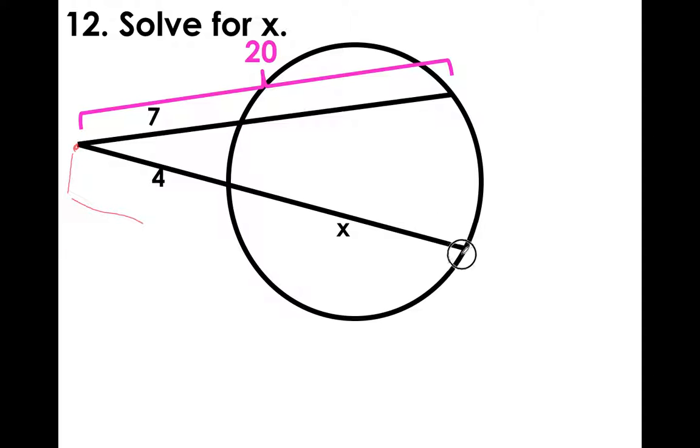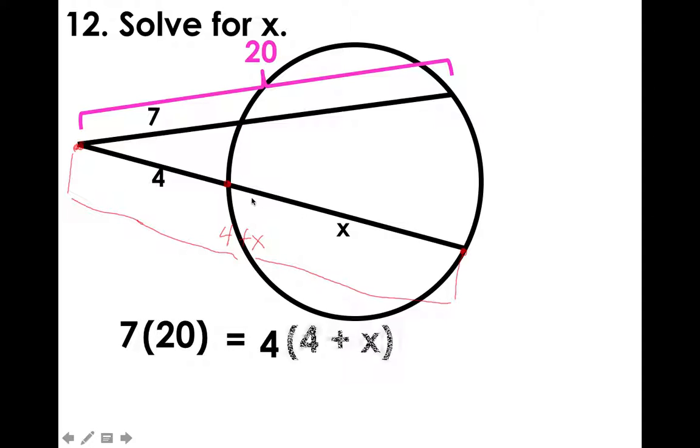So that entire length is 4 plus x, because I have to take this little length going from this vertex to the circle, and then I have to take from this part of the circle to the other part of the circle, and that's the reason why we add them together. I can't add them together and get 4x, so that's the reason why it has to be 4 plus x.